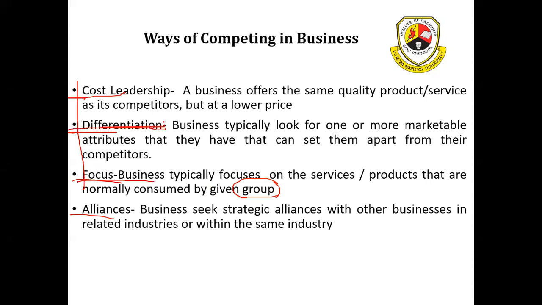In differentiation, if you go to any university website, each university is striving to state its difference. It's the brand, the difference in brand with other universities. And of course, ICT is very good at lowering costs.